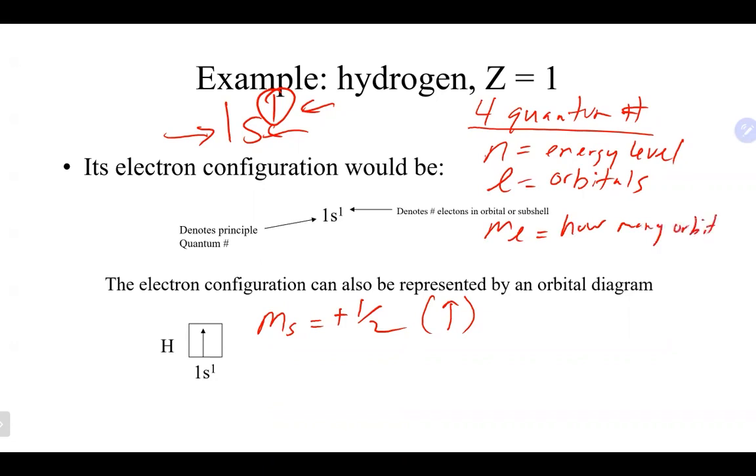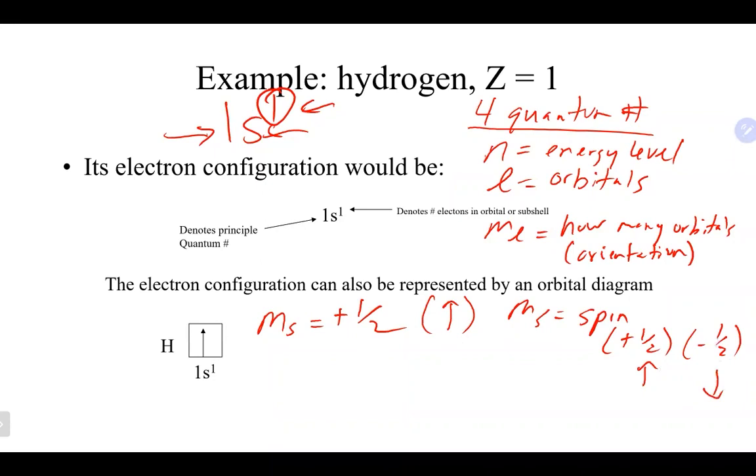And really, the real definition is actually the orientation in 3-dimensional space, like a px, a py, and a pz type of orbital. And m sub s is the spin quantum number, which could be +1/2, which means the arrow points up, or it could be -1/2, which means the arrow points down.